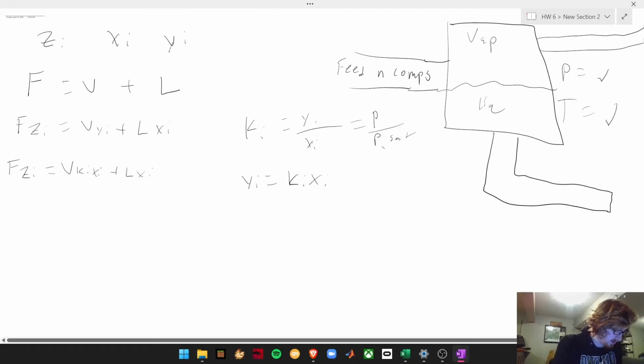So if we want to rewrite our equation over here, and from here, we want to solve for Xi. And actually, it's fairly simple. First, let's remove the Xi from this term over here, and then we can divide across.